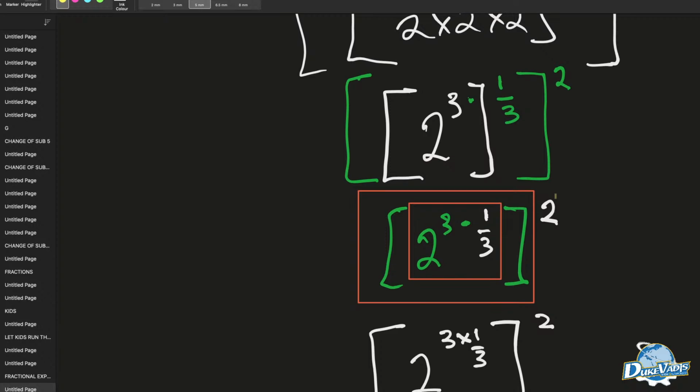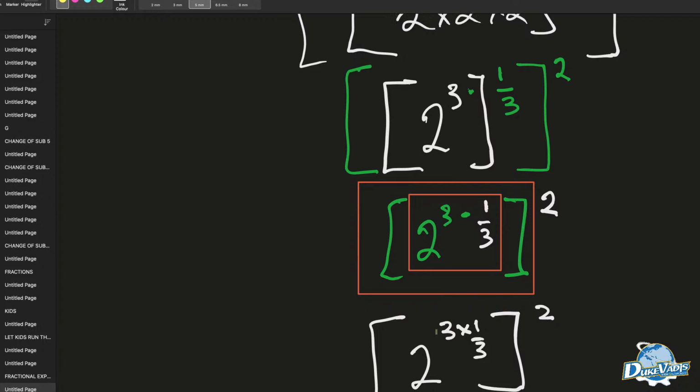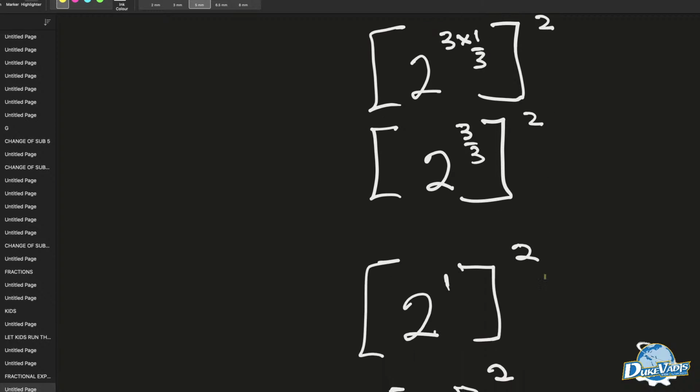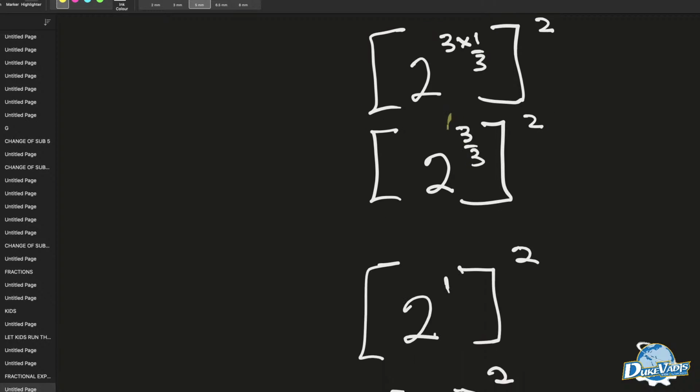Now we know that when we multiply 3 by 1/3, we are going to get 3 over 3. Bear in mind once again, the factorized 2 is also sitting outside. So 3 over 3 would definitely give us 1.